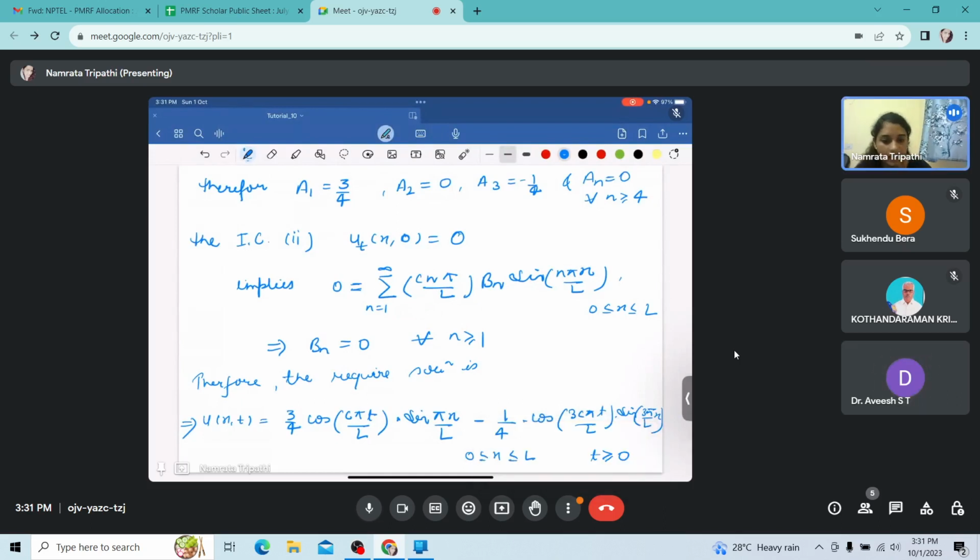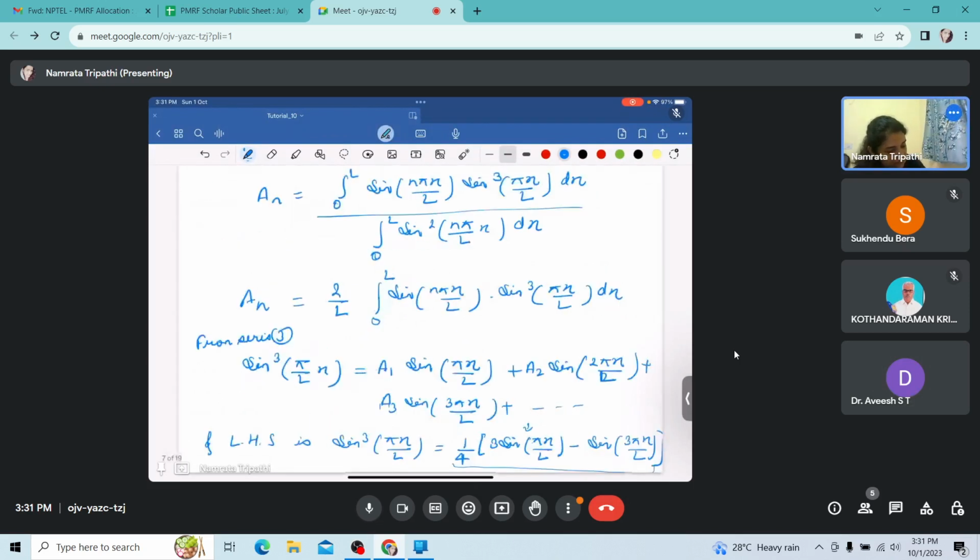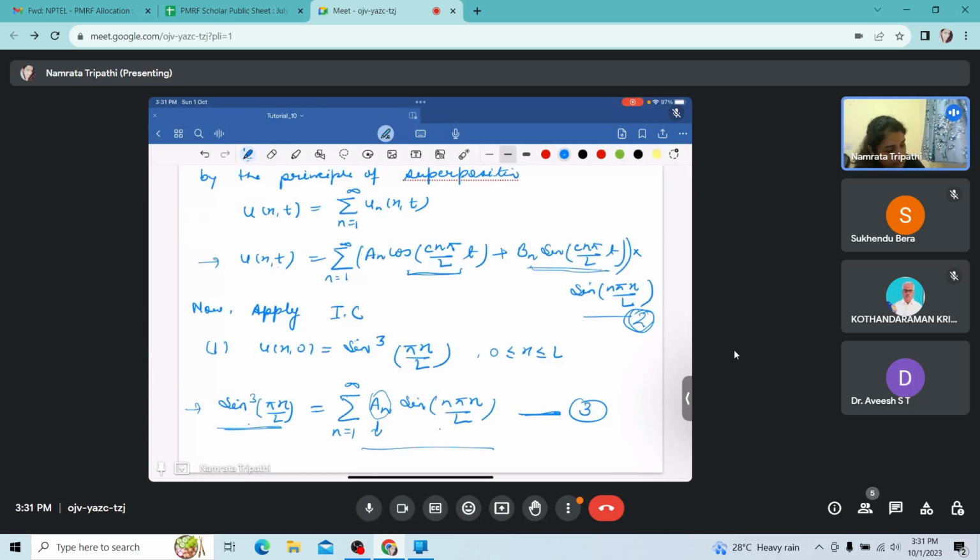This is the general method. The alternate method is that you have to learn the formula for u of x comma t, and directly you can put the values, and using the initial and boundary conditions you can solve for an and bn.